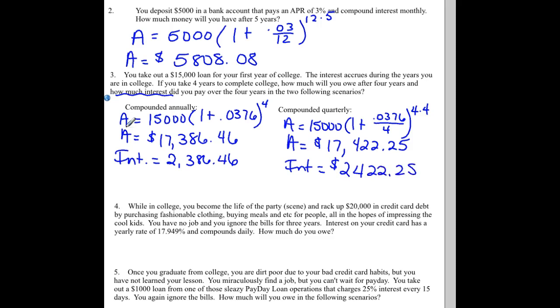Okay? Now, that is assuming that you pay it all back when you graduate, right? Which probably isn't very likely because you're just getting out of school and you're just going to start getting a job and start making money, right? So they usually give you about a 6-month window on student loans to say you got 6 months to get a job, get your budget in order, and then you got to start paying us back.